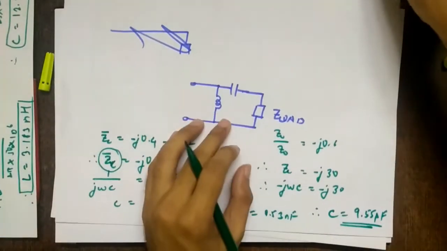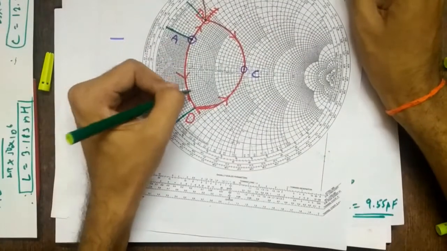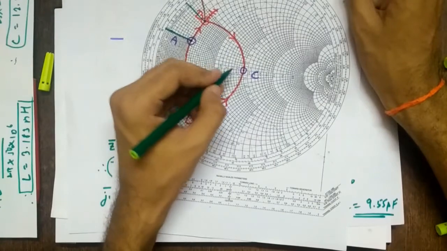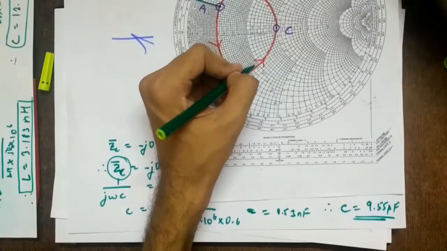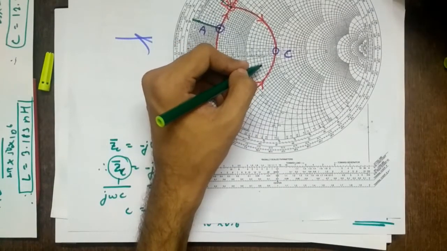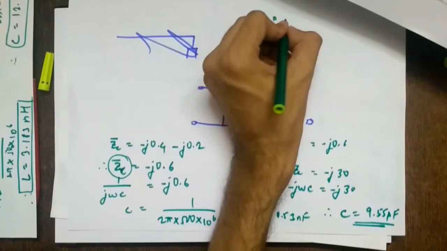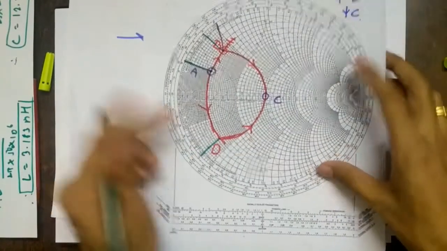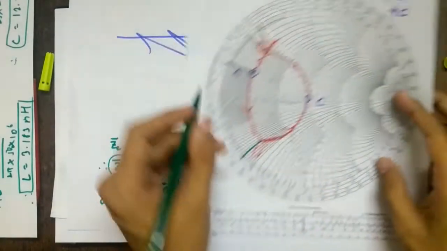So for L, what will we do? We went from A to D. Now we have to go from D to C. So destination minus source, C minus D, and that is what we are going upwards. Inductor along the dotted line, so parallel. So YL bar equals j0 minus j.